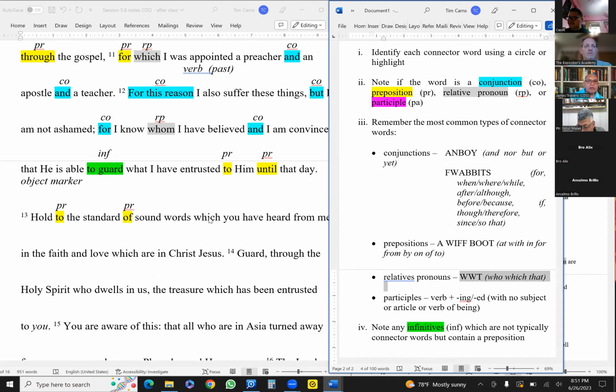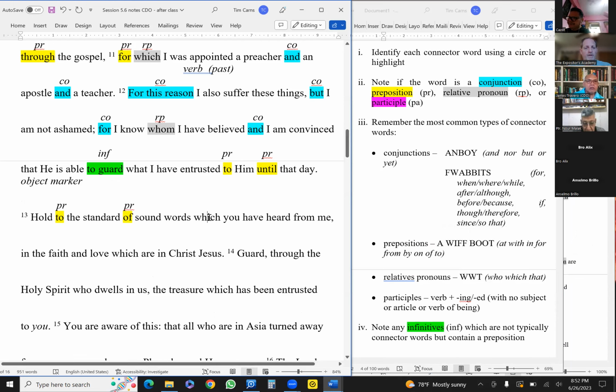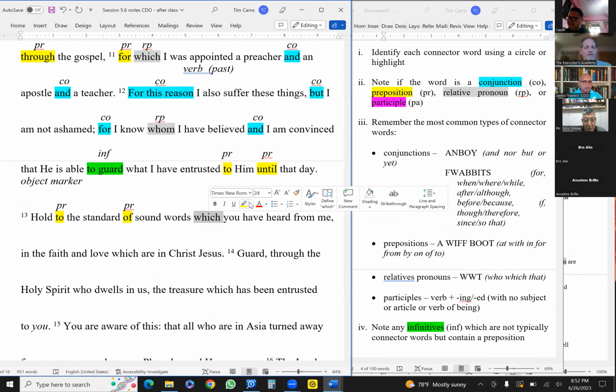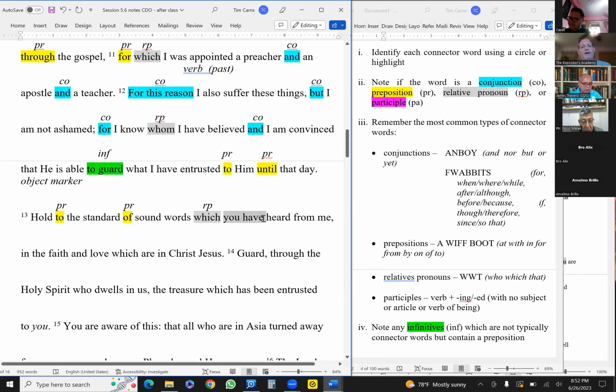Yeah, remember what, which are going to be relative pronouns. And it is similar to a subordinating conjunction because relative pronouns are also followed by dependent clauses. But they're not the same kind of connector word. All right. Any others?